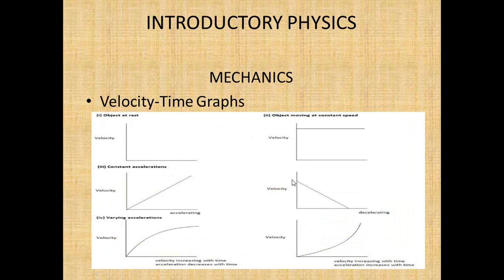And then this is negative, so velocity, time. This is negative acceleration because the slope is downwards. This is positive acceleration. Okay? So remember, the positive portion of your velocity time graph tells you that the motion is to the right.